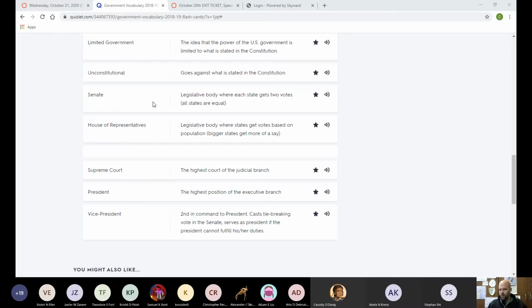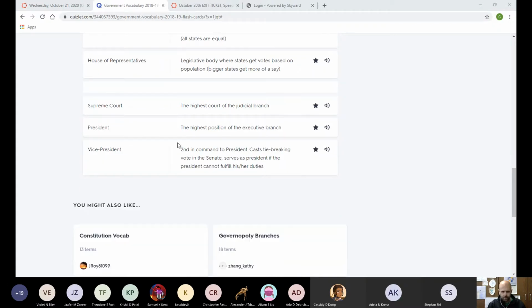So California and Wyoming or Indiana and New York have the same number of senators, 2. The House of Representatives is based on population. So the states with higher populations have more of a say or more of an influence. But remember, laws have to be approved by both the House and the Senate to go to the president. Okay, you can't just have one approve it.